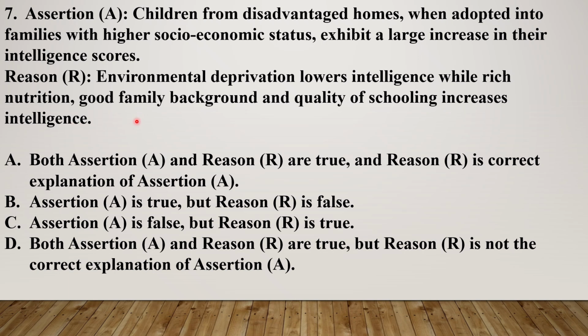The reason is also good. Both the statements are from the part where the researchers are supporting that environment is important. Now for this question, the answer is going to be A. Both assertion and reason are true, and this is the correct explanation.